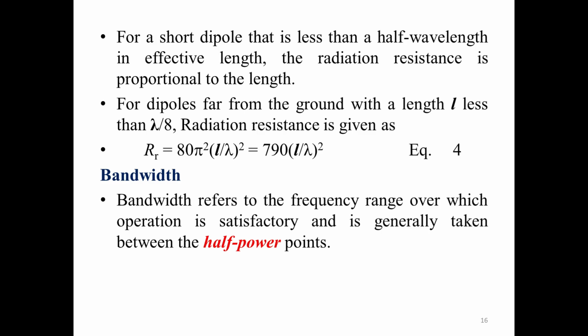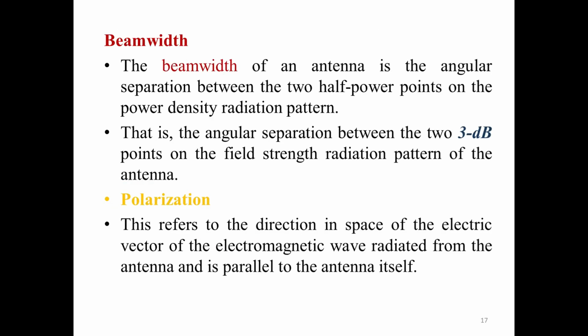Bandwidth. Bandwidth refers to the frequency range over which operation is satisfactory and is generally taken between the half power points or the 3 dB points. Beamwidth. The beamwidth of an antenna is the angular separation between the two half power points on the power density radiation pattern.